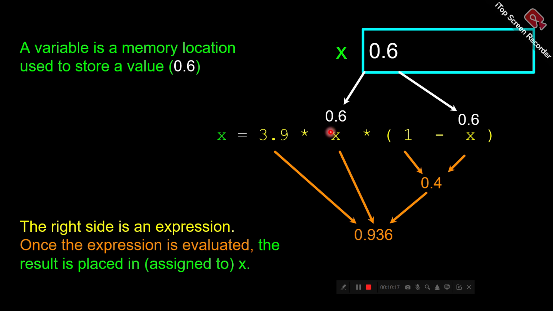Then we resolve the bracket first, the basic math calculation, and then we do the multiplication. Now we got 0.936. This value will be assigned, so the x value will be updated to 0.936 instead of 0.6. So the new value of x will be 0.936.